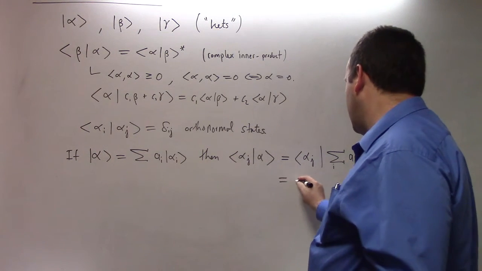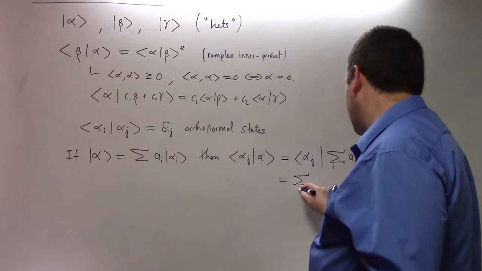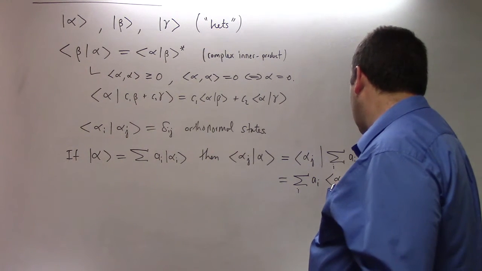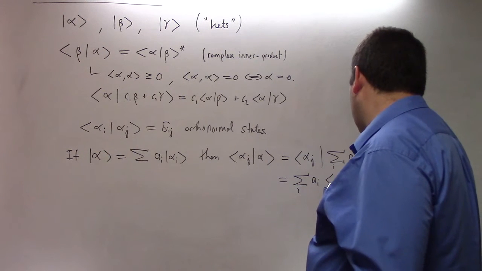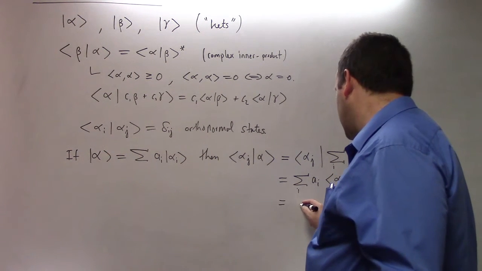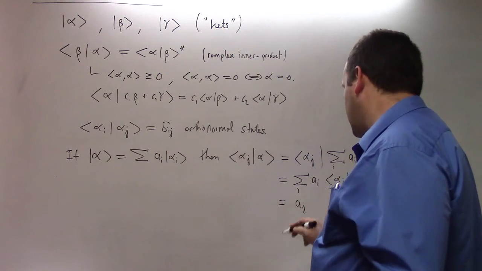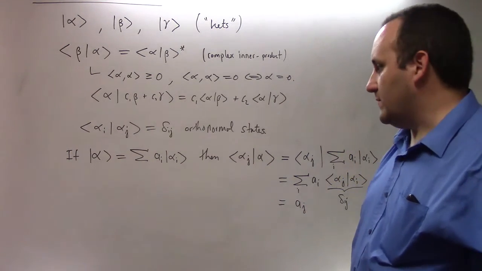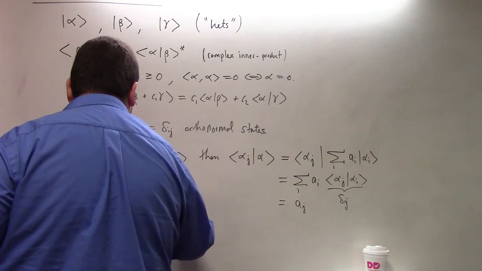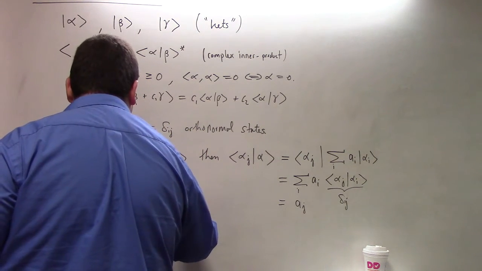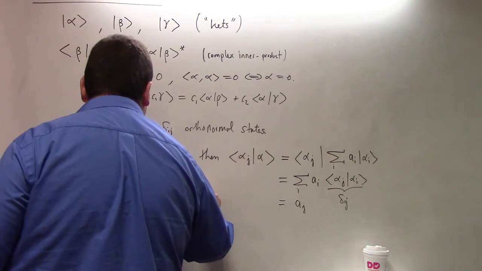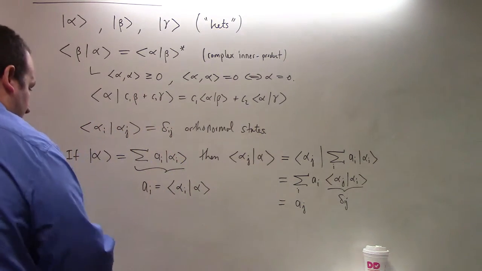By linearity, I can pull this out. I can pull the constants out, right? This is an orthonormal basis. Kronecker delta ij, and so what do you got? You got a sub j, right? So here you have that a sub i is equal to alpha i on alpha. In other words, you have this identity.